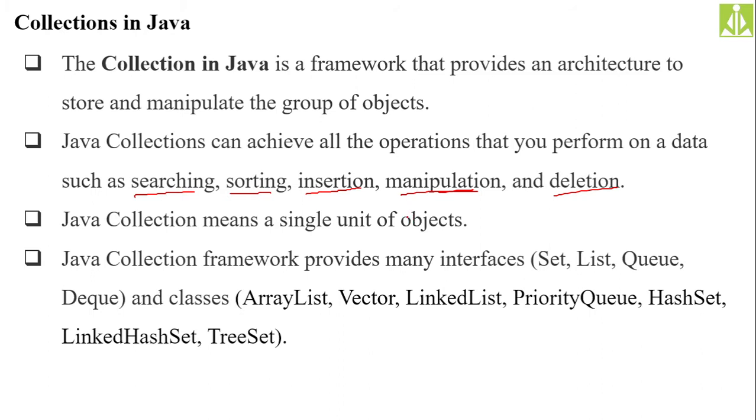So a Java collection means a single unit of object. Even though you are adding more than one element into your collection, that entire group will be treated like a single object, a single unit of object. This you have to remember.